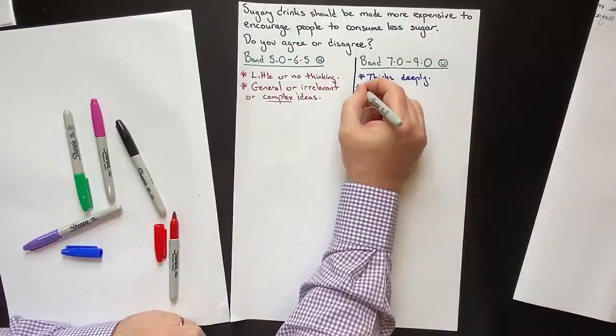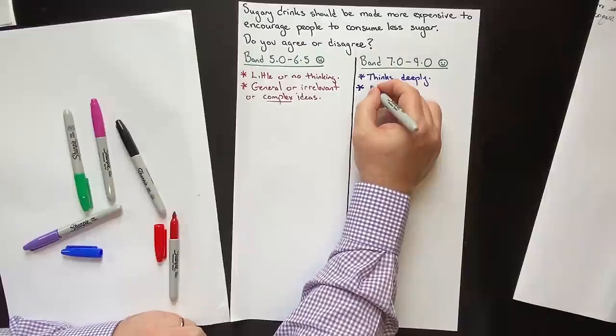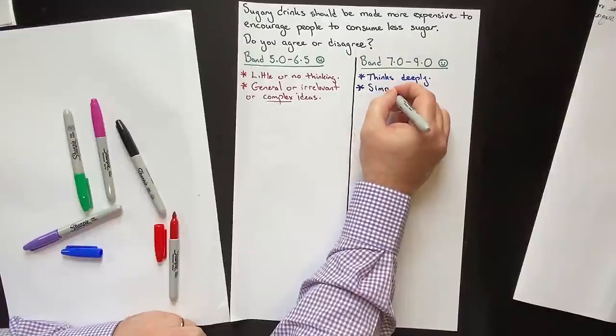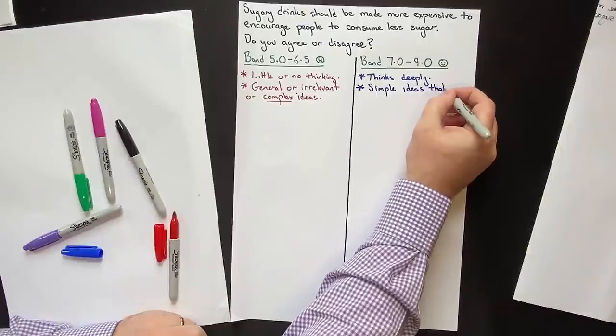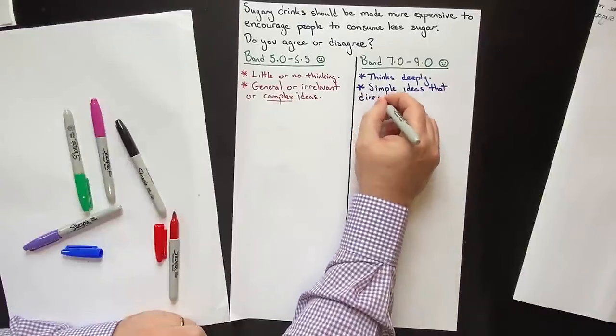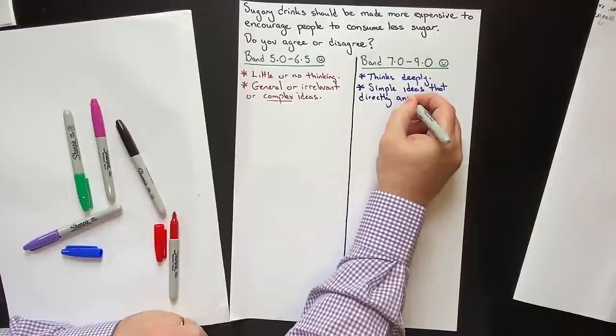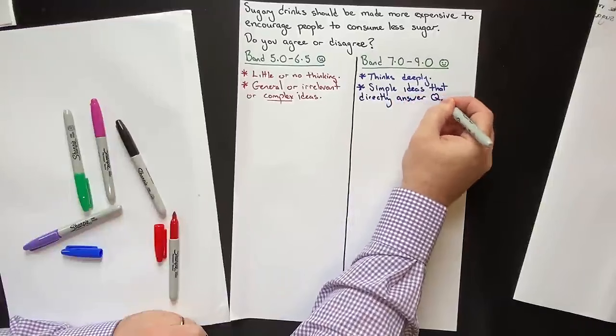The band 7, 8 and 9 student generates simple ideas that directly answer the question.